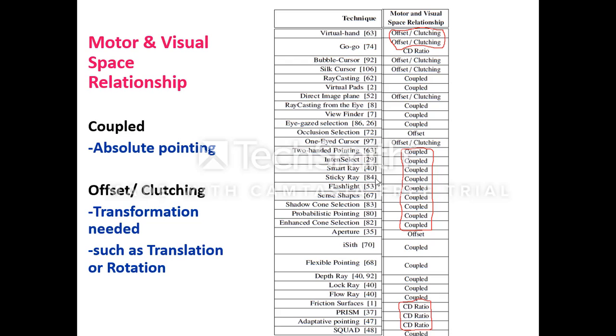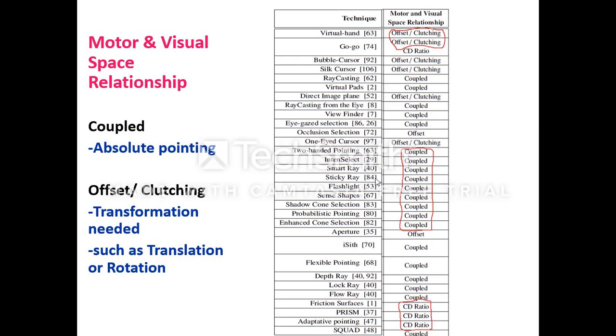And then we have the motor and visual space relationship, which is what you see and what you can reach.